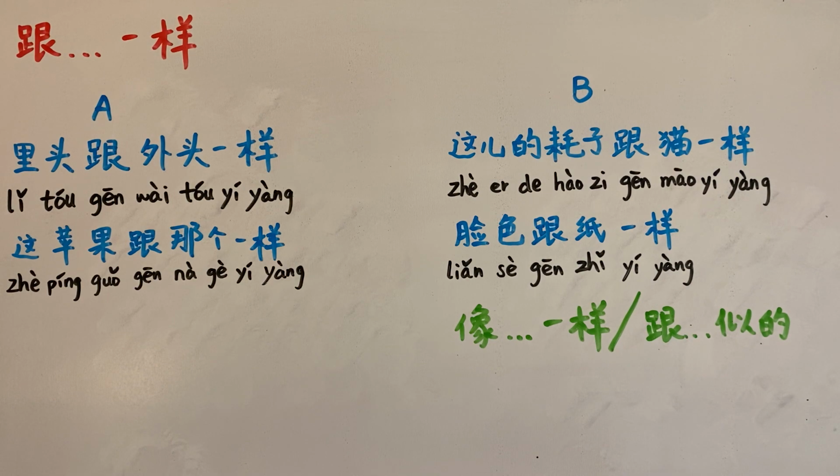So this sentence here, the rats are the same as cats. Maybe the shape, maybe the, I don't know, color.